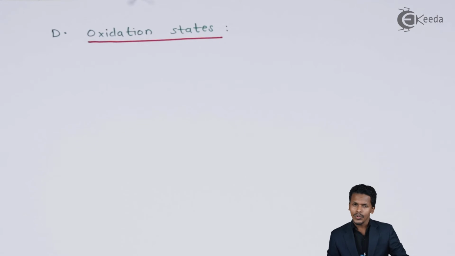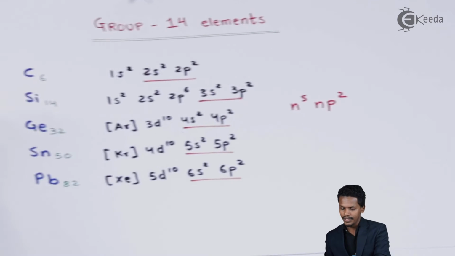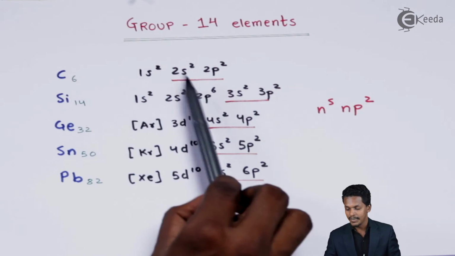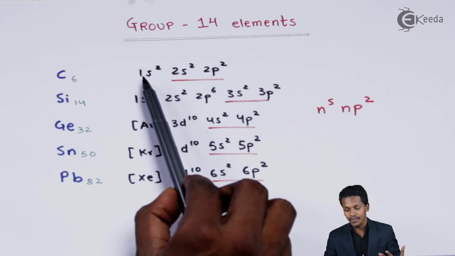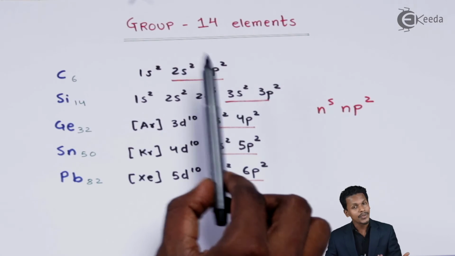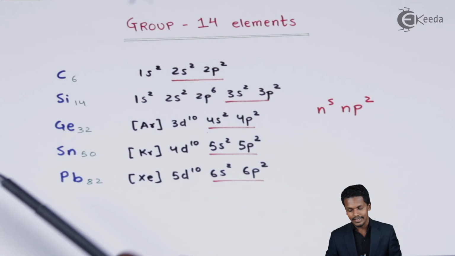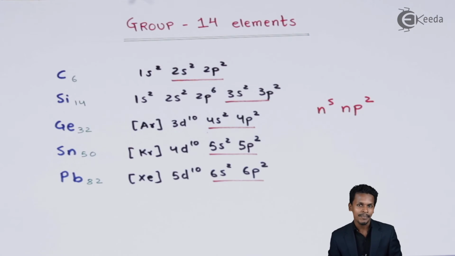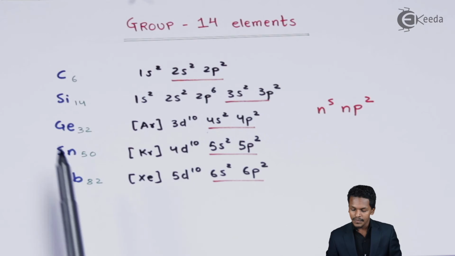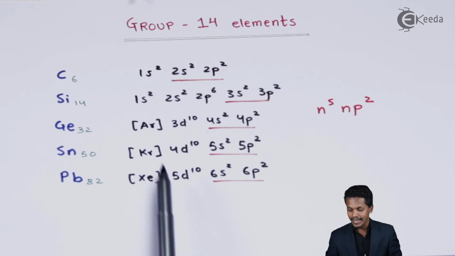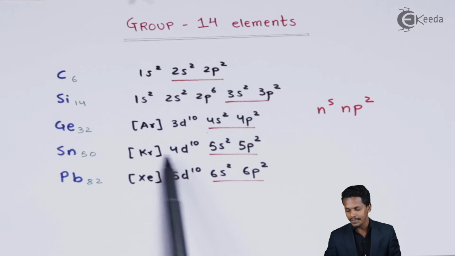So we know the electronic configuration of carbon, and I am representing it over here. Here we could see that it has an electronic configuration of 1s2, 2s2, 2p2. As the atomic number goes on increasing, obviously the atomic size also goes on increasing. But if we observe germanium, tin, and lead, there is a presence of d orbital.